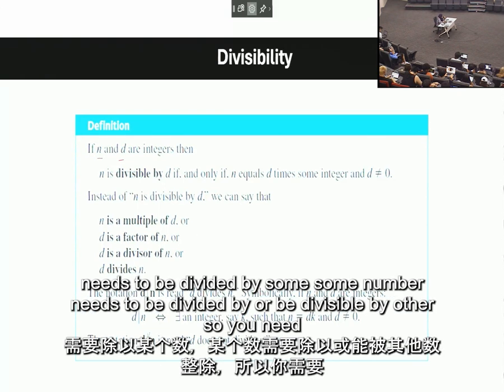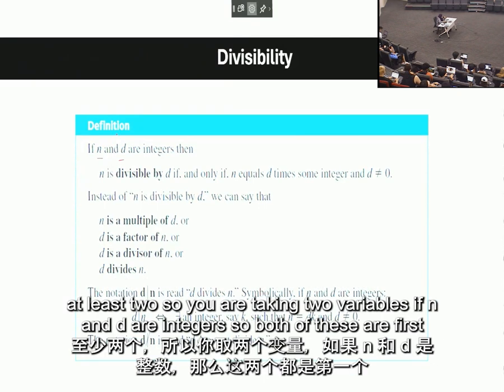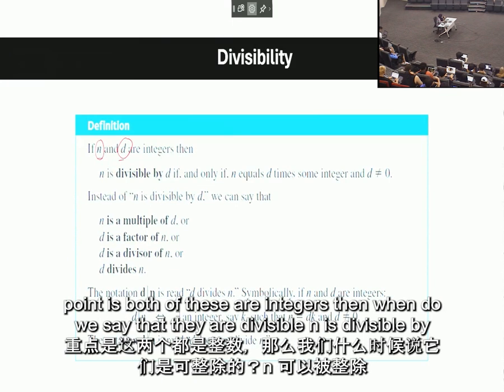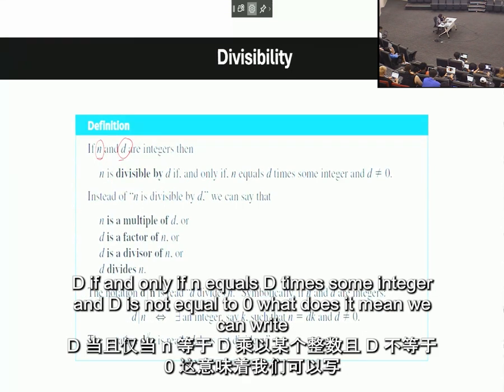Something needs to be divided by, or be divisible by, another. So you are taking two variables. If n and d are integers, so both of these are integers, then when do we say that they are divisible? n is divisible by d if and only if n equals d times some integer and d is not equal to 0. What does it mean?